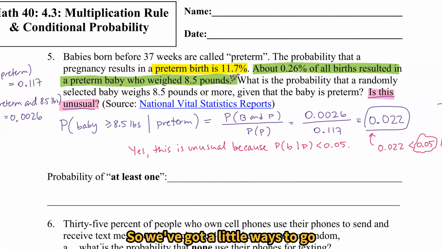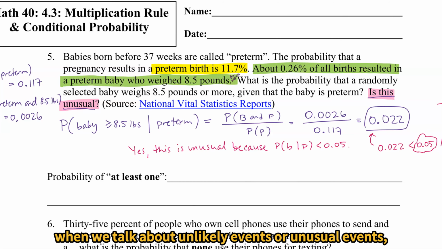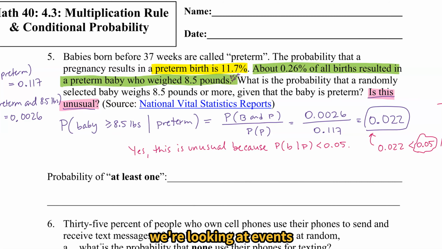So we've got a little ways to go before we talk about this idea of unlikely changing to something other than 0.05. So for the first 6 chapters, when we talk about unlikely events or unusual events, we're looking at events whose probability is less than 0.05.